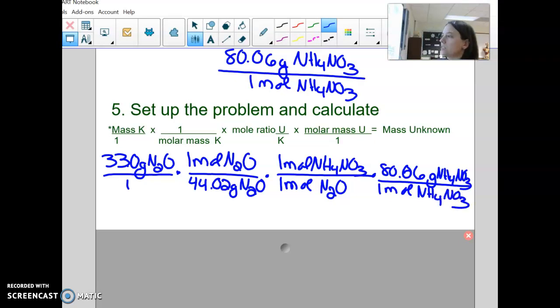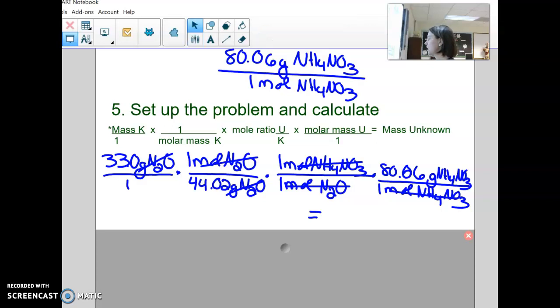Whew. All right, let's cancel out grams dinitrogen oxide, moles dinitrogen oxide, moles ammonium nitrate, and we're left with grams ammonium nitrate. All right, so 33 times 80.06 divided by 44.02.